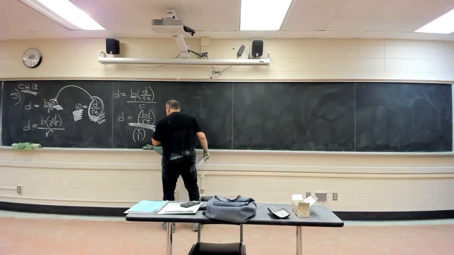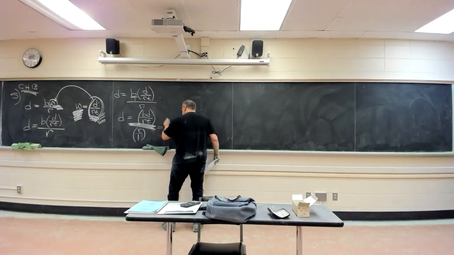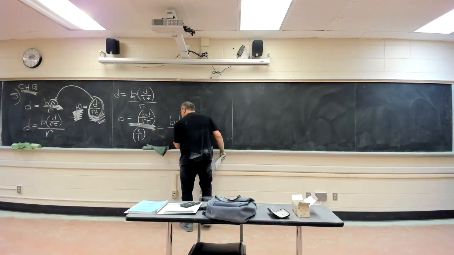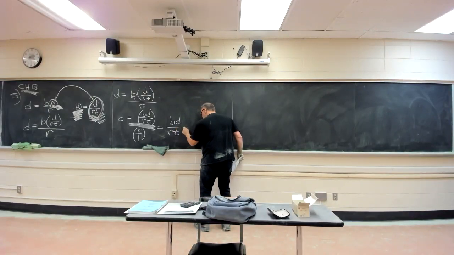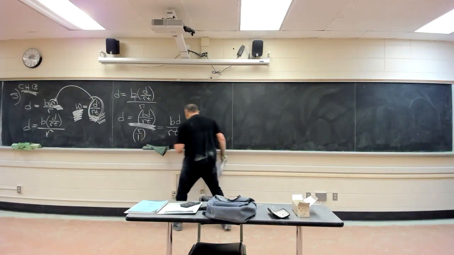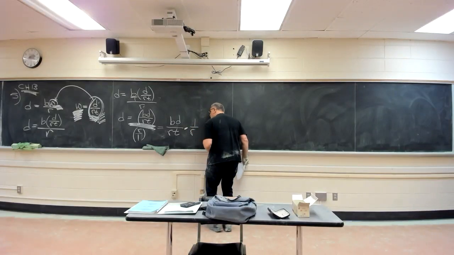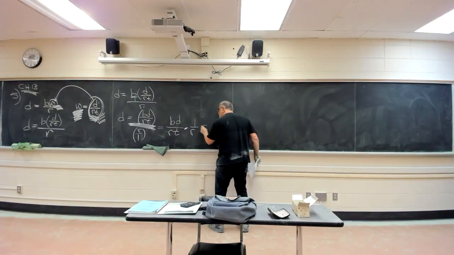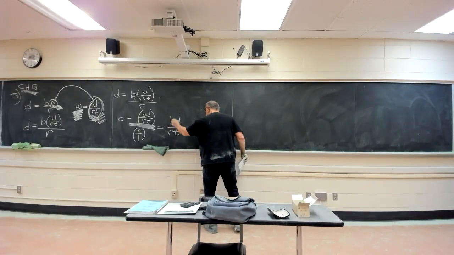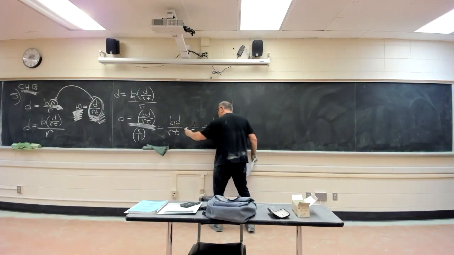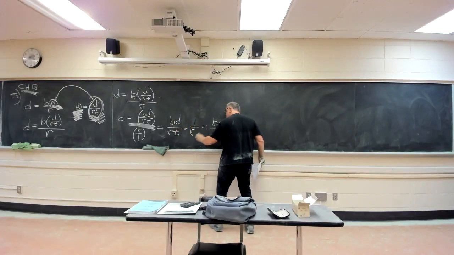A fraction divided by another fraction is the first fraction, the one that's being divided, left alone, multiplied by the reciprocal of the second fraction doing the dividing. Which is BD over, just multiply across. BD times 1 is BD.